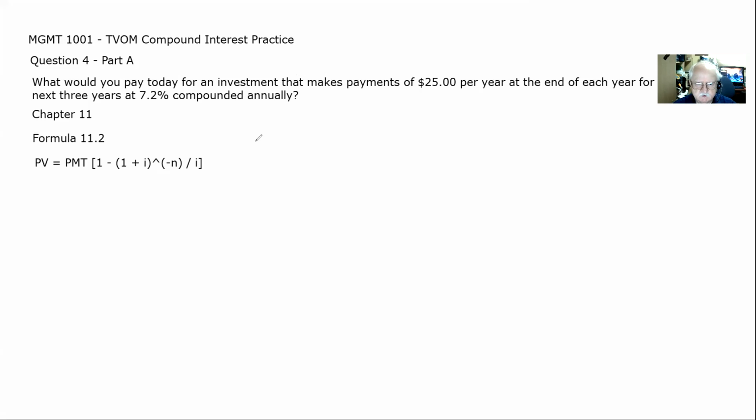So this is present value equals payment times 1 minus bracket 1 plus I to the power of negative n, all over I. Luckily, I was able to format these things a little better on the formula sheet.